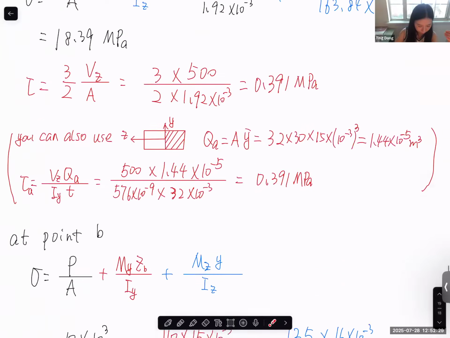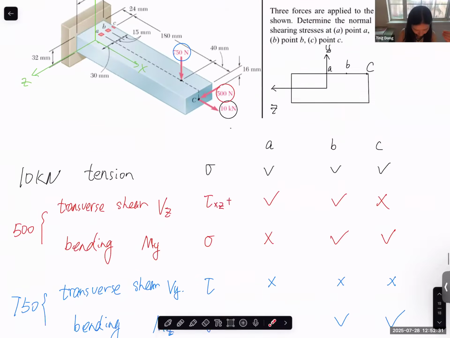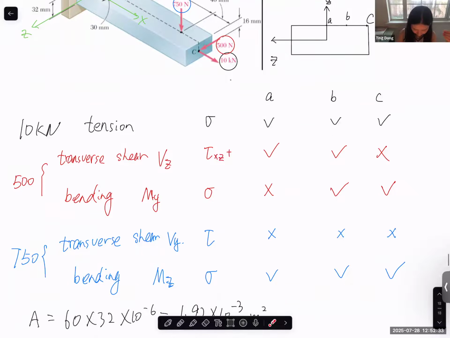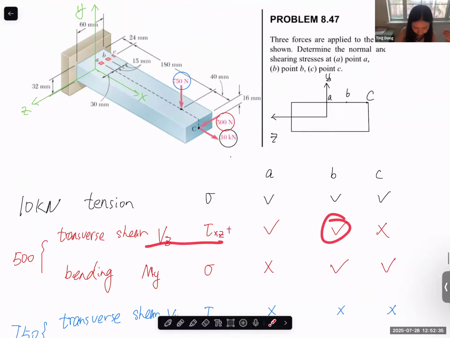Let's say this shear stress is caused by the force in the z direction. Now this becomes the top surface, this becomes the bottom surface, this is the neutral axis, and we are checking A. So now this should be the area for calculating Q. Do you guys agree with me or not? This should be the area for calculating Q.